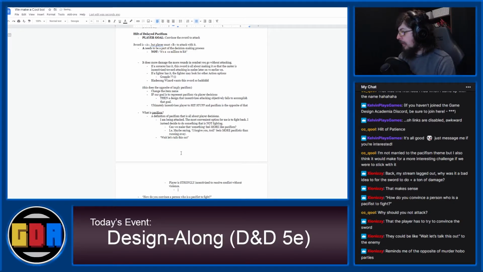Now, I would also say, just as a point, because we're designing for D&D 5th edition specifically, this is going to be a major problem. I'm not sure if a magic item is up to that task. That seems to me something just intuitively. I'm not really making an argument here. I'm just saying, intuitively, it feels like we may not be able to do a magic item that does that, because we're actively working against all of 5th edition, because every rule in 5th edition is how to murder things.